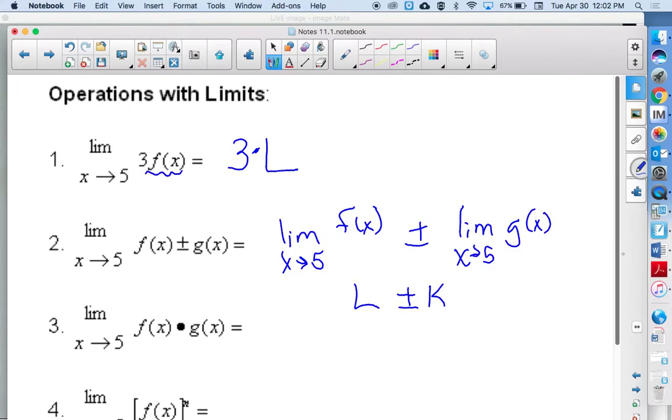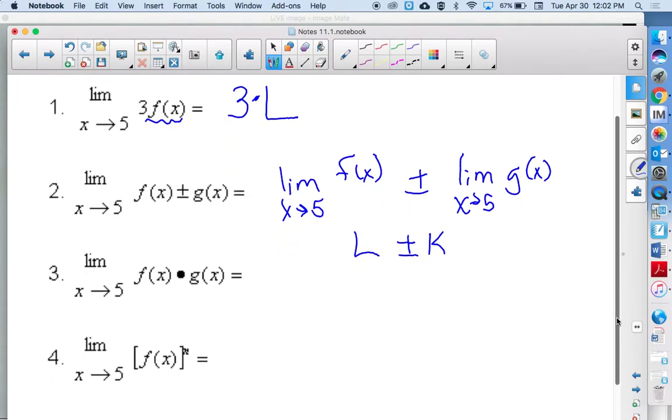Number 3 is the multiplication one, where you're multiplying two functions together. Well, that could be the hard way to do it, but instead you could do the same thing that we did to number 2. So take the limit as x approaches 5, 10, 15, 20, whatever it happens to be, of f of x times, separately, the limit as x approaches 5 of g of x.